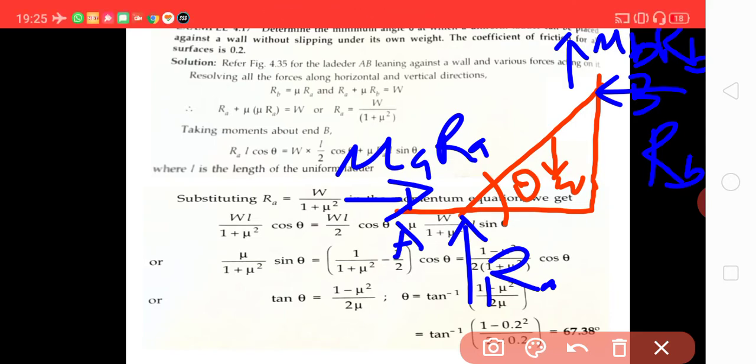So first, resolving forces along the horizontal and vertical, that is first, RB equal to mu A RA.